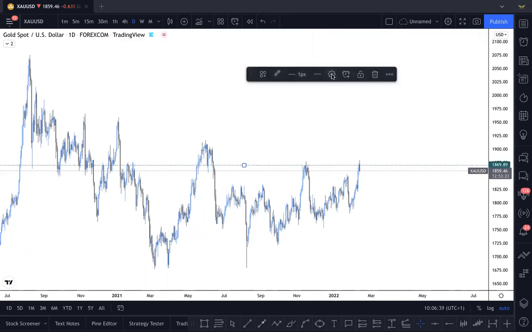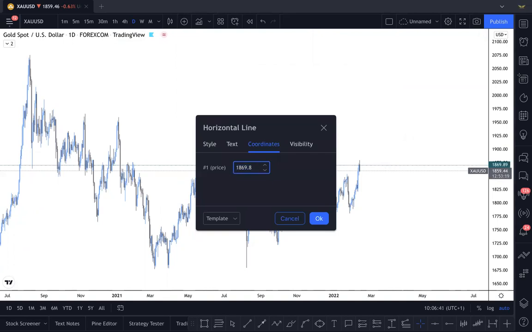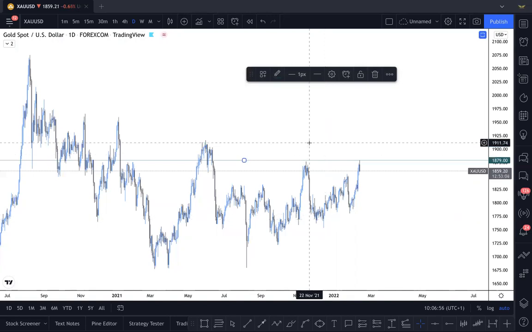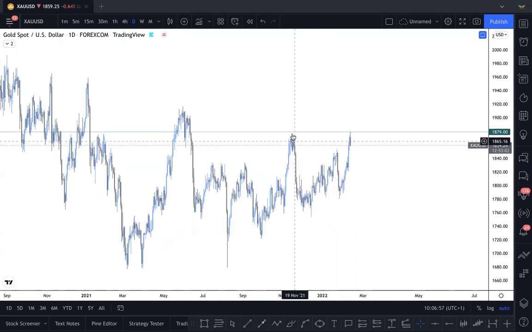It tested 1879 yesterday. So that's a strong historical level, and it swept the liquidity on this high here.